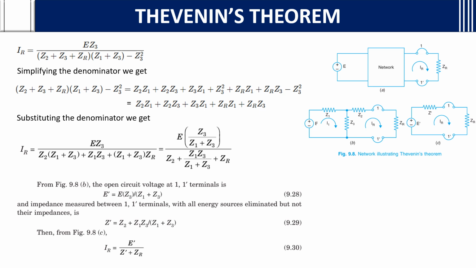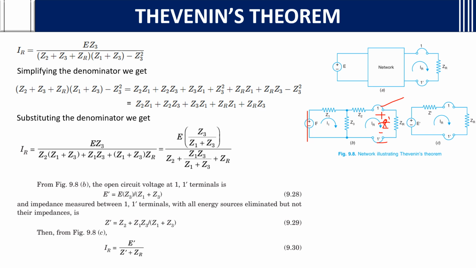And the impedance measured between ports 1 and 1 dash, with all energy sources eliminated, we eliminate the source by short circuiting it, and this is anyway open circuited. We will take across this RTH or Z dash at this point.